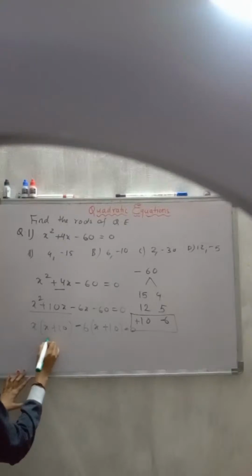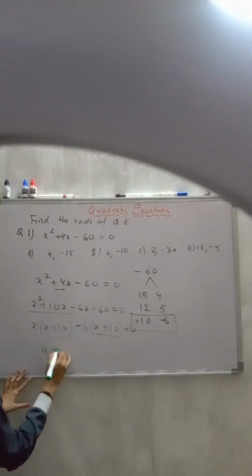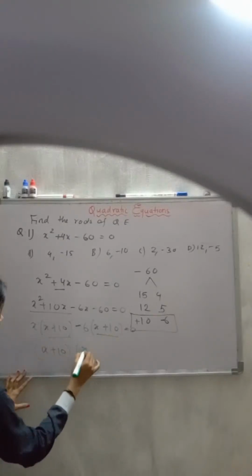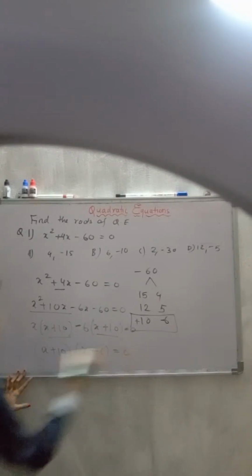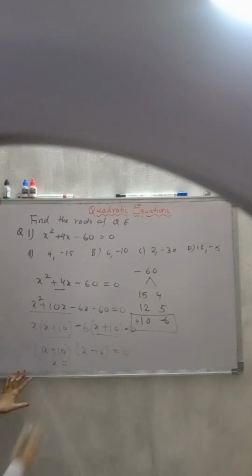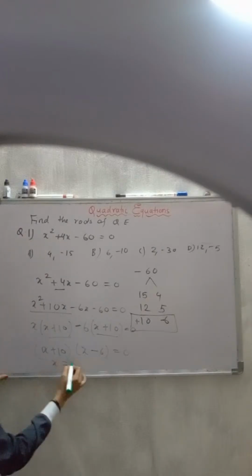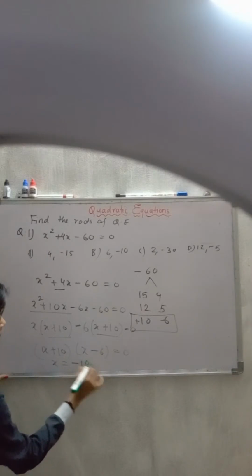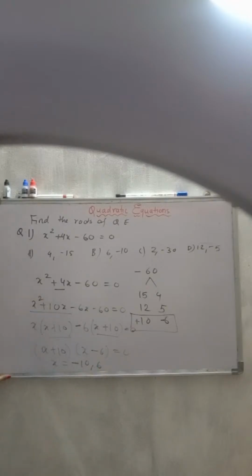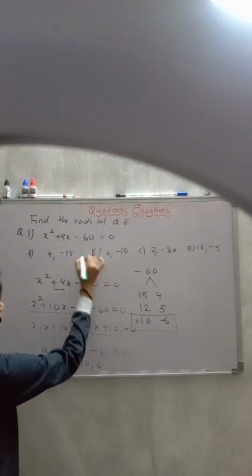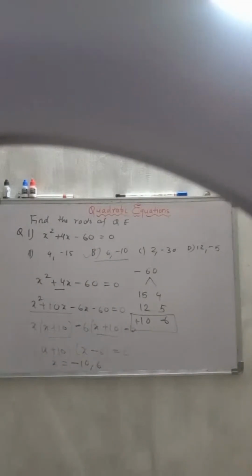Now x plus 10 common, and in the other bracket x minus 6 equals 0. So the roots of quadratic equation x square plus 4x minus 60 will be minus 10 and plus 6. Option B is the correct answer.